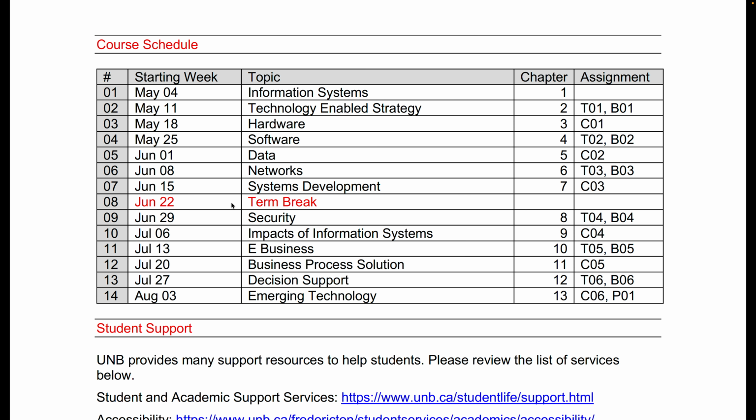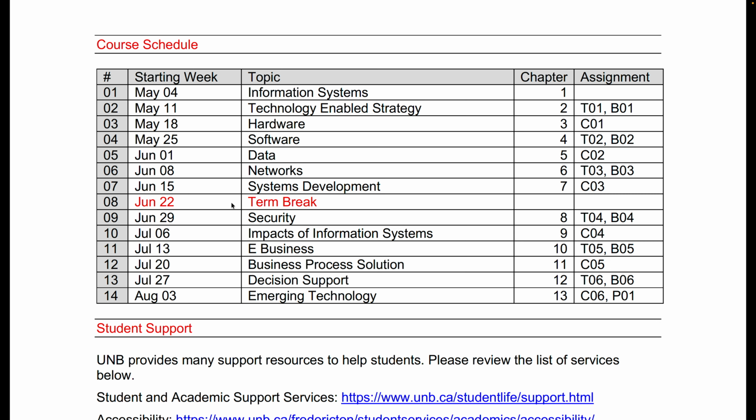Then we look at the impacts of the information systems on the businesses and the organization structure. Then we look at the e-business in particular and the business process solutions.